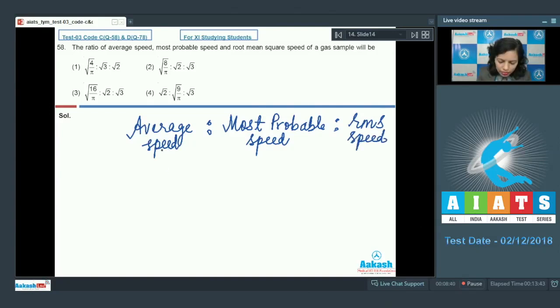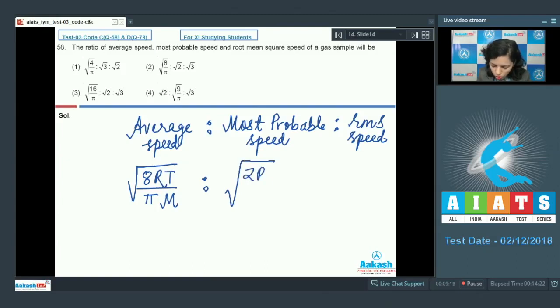speed. Consider these values. Then this formula for average speed is root 8 RT by pi m, then root 2 RT by m, most probable speed, then root 3 RT by m.